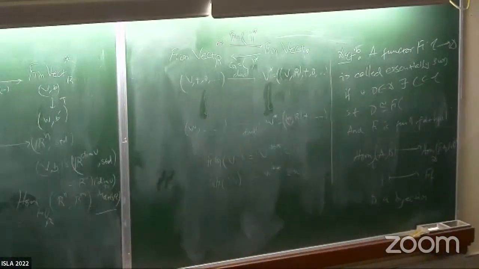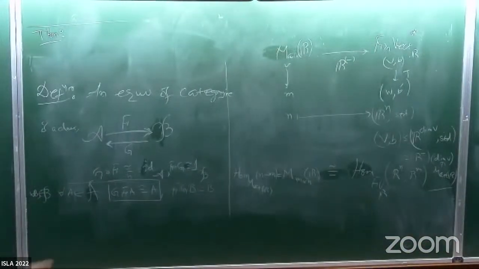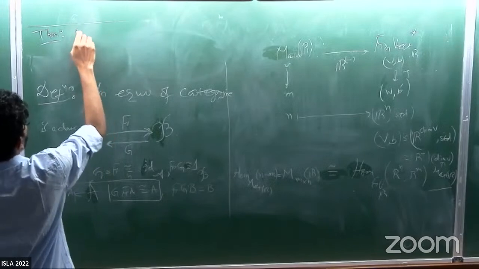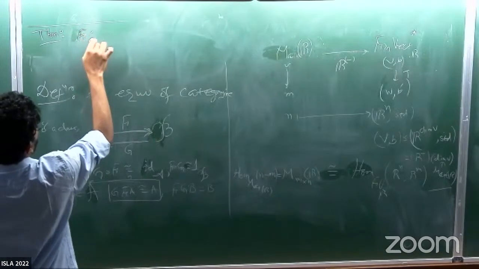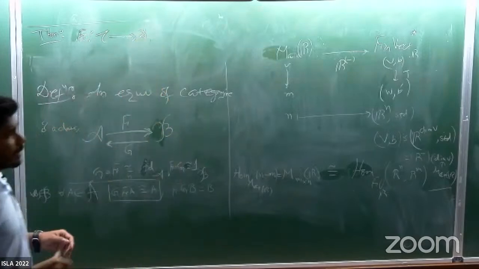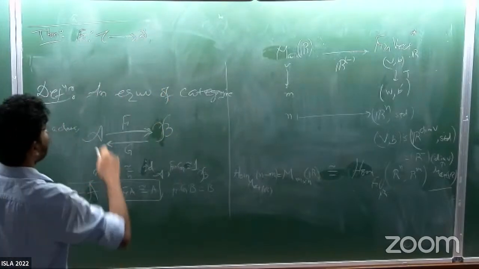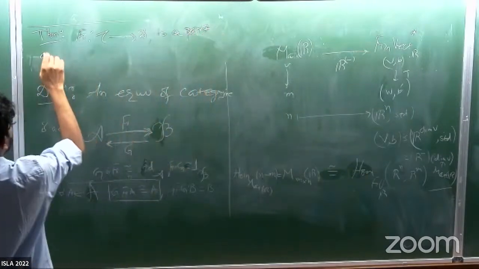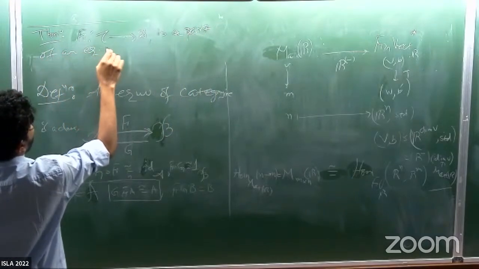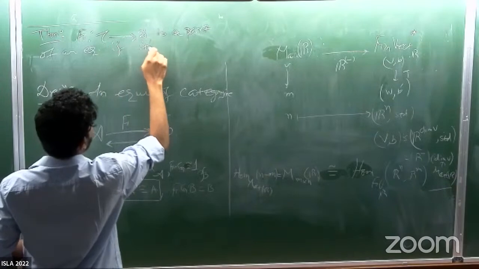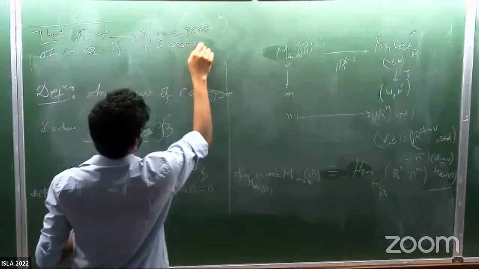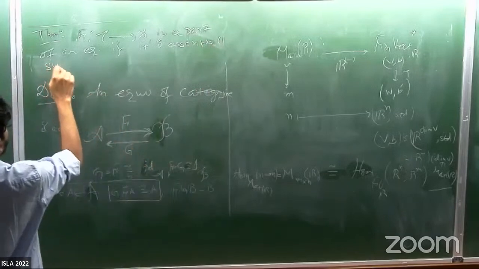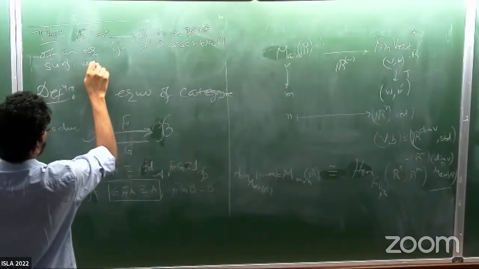So I'd like to point out this theorem, which is giving you a similar criterion for defining an equivalence. So a functor F from C to D is a part of an equivalence, meaning that there is a reverse side functor, if it is essentially surjective and fully faithful.